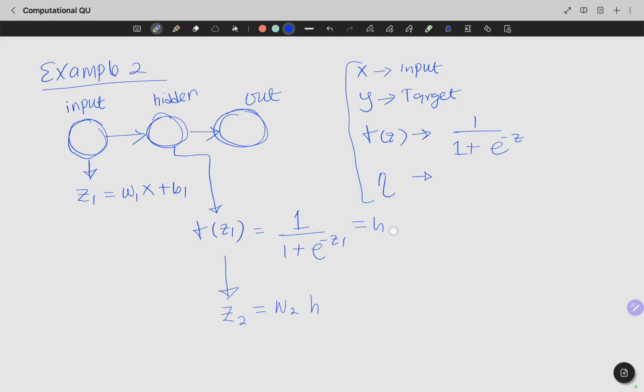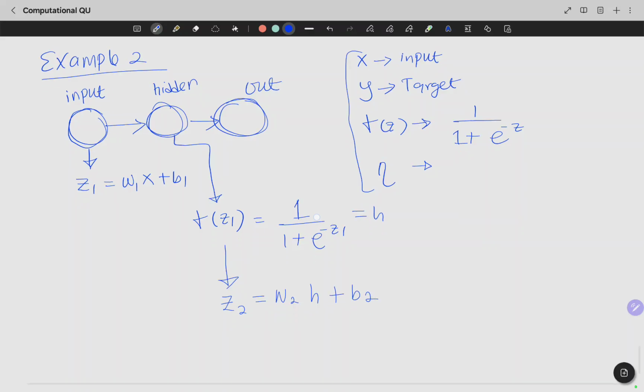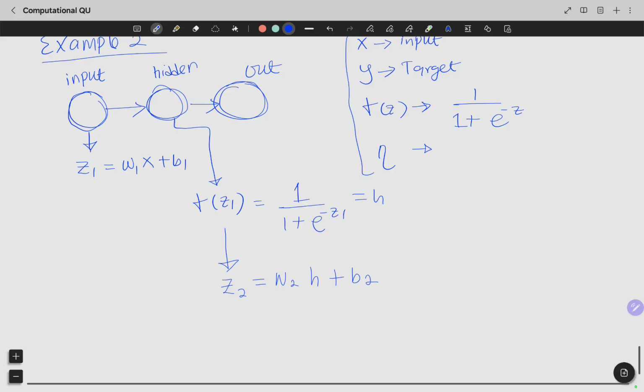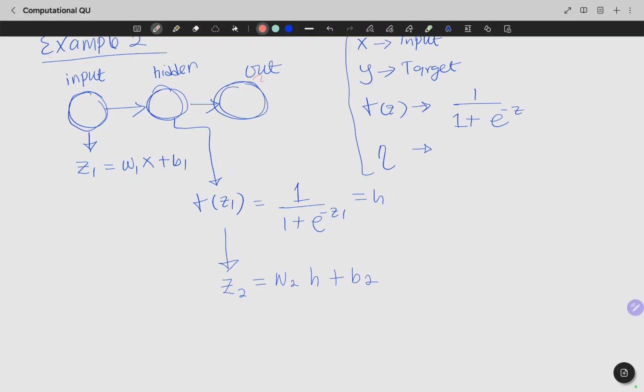Let's call it just H. W2H plus B2, and finally the output layer will receive this Z2 as output. So the output is going to be this.